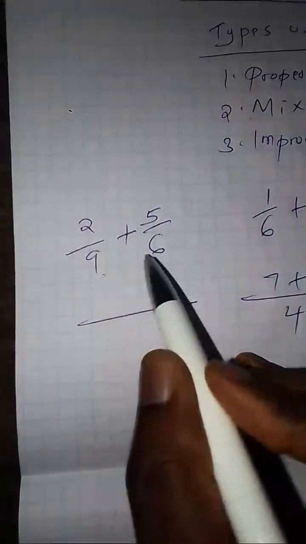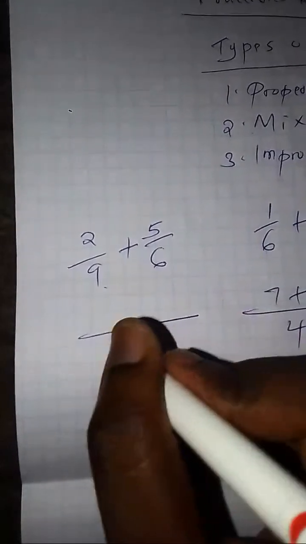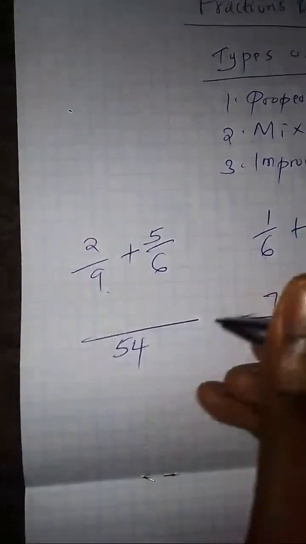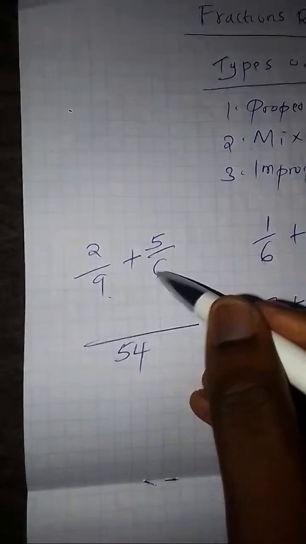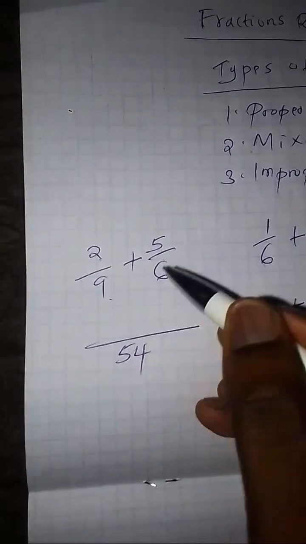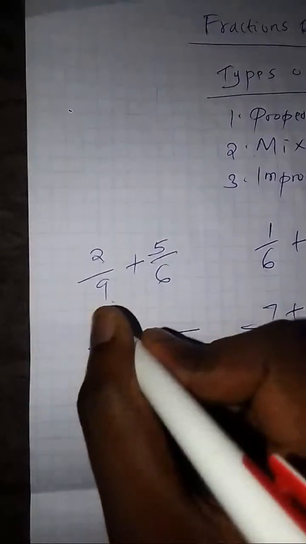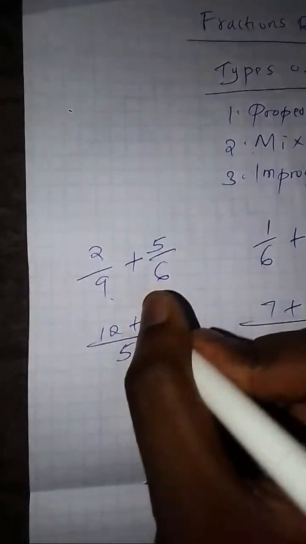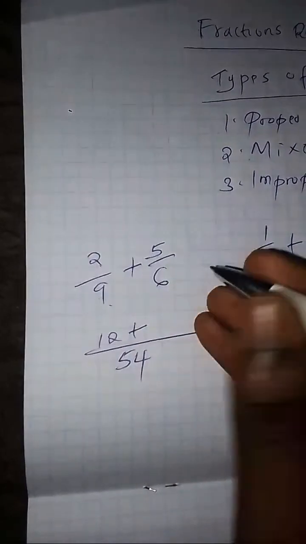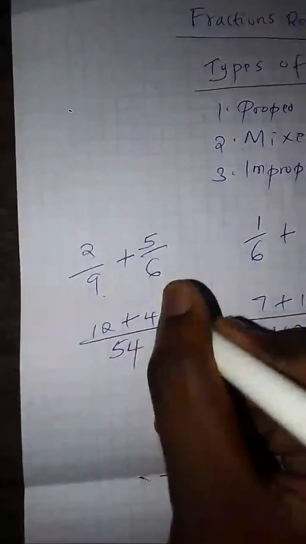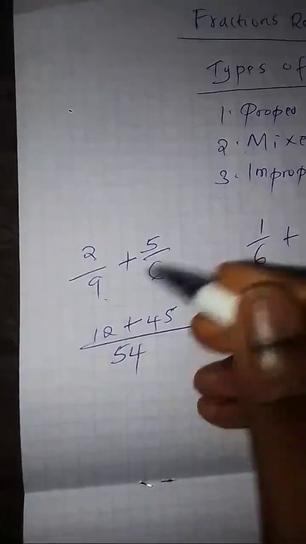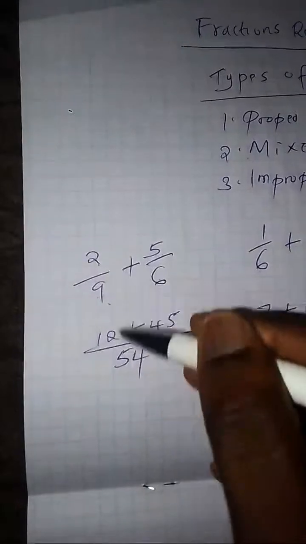You multiply 9 by 6, which is 54. Here you now pick 6 by 2, which is 12, then you add it to 9 by 5, which is 45.